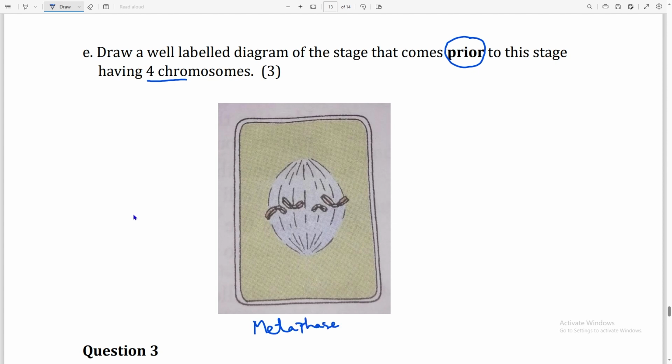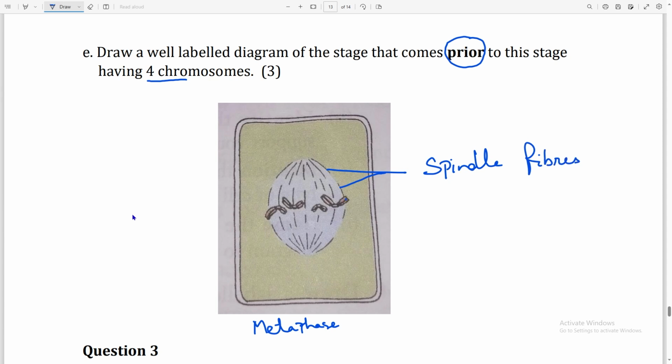Then you have to label the parts, because this is the plant cell. The diagram which is given in the question is the diagram of the plant cell. So you will not draw any aster, formation of aster, but you have to show the spindle fibers. So label the spindle fibers.